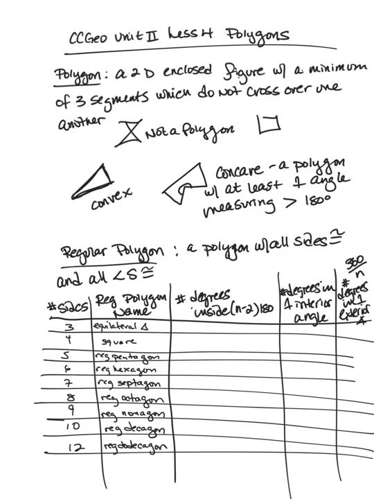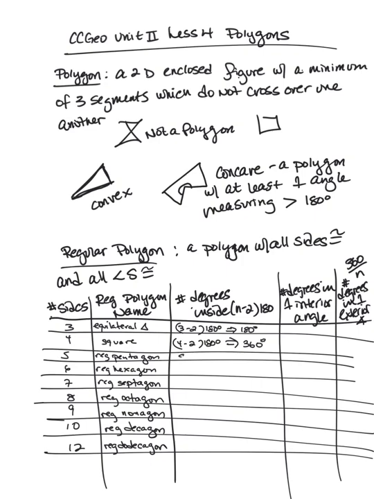Okay, so the number of degrees inside, n stands for the number of sides. So an equilateral triangle is just 3 minus 2 times 180, which makes sense because every triangle has 180 degrees, right? Okay, a square is 4 minus 2 times 180, okay, which is 360 degrees.